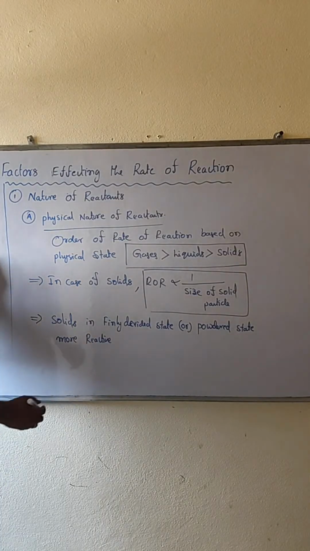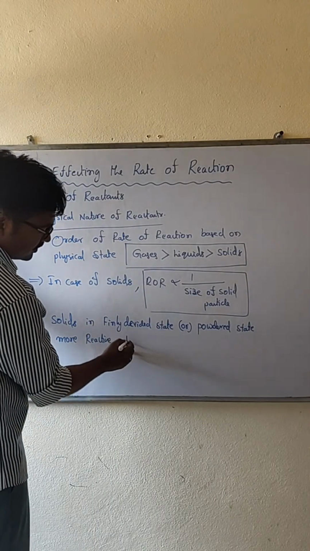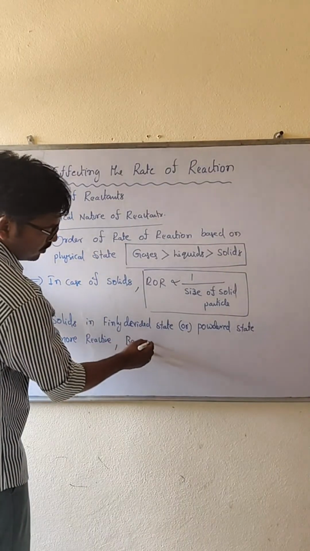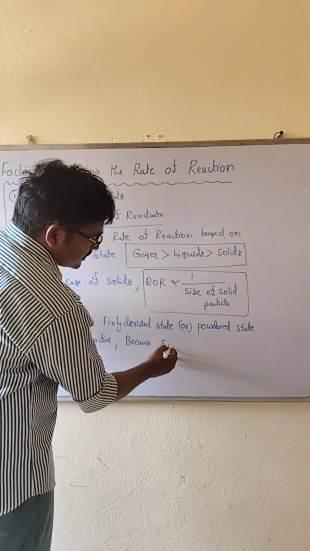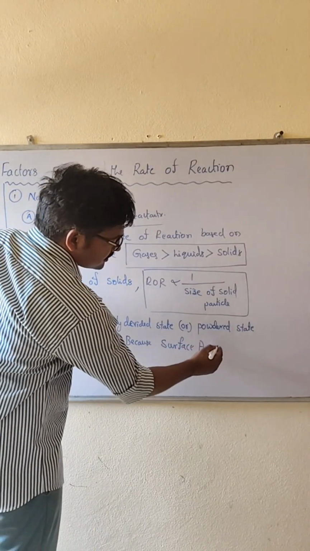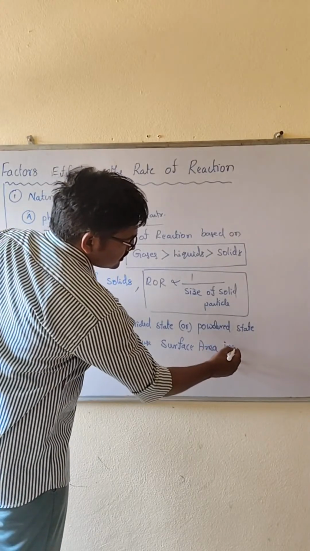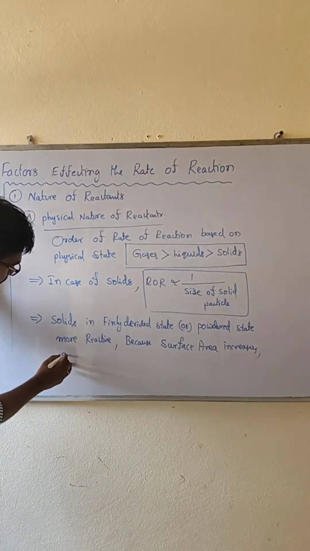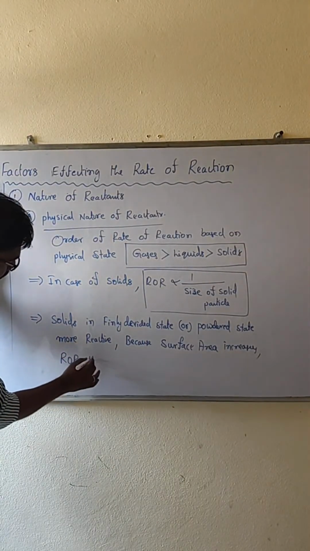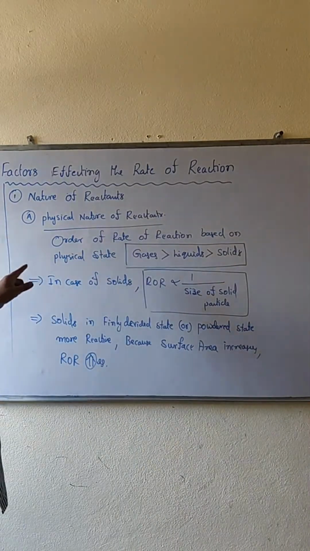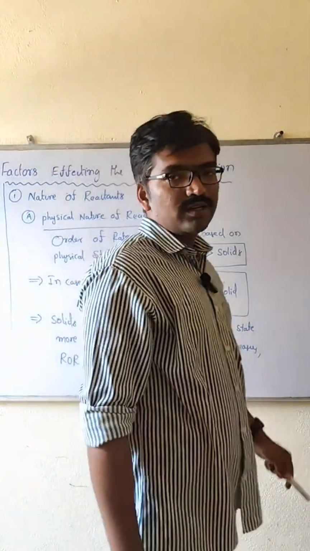Why more reactive? Because the surface area increases, so the rate of reaction increases. So this is about the physical nature of reactants.